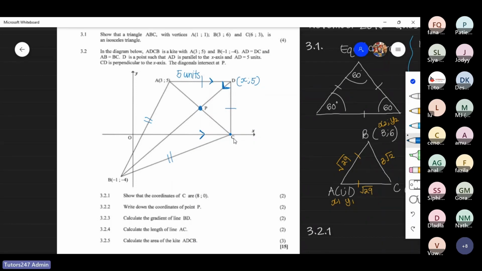But what we do know is that because C is on the x-axis, we can give it a y value of 0.